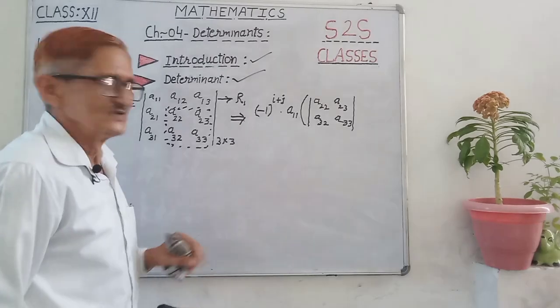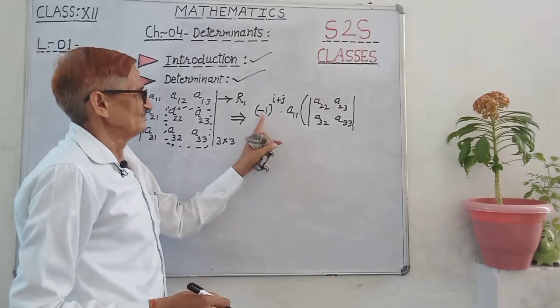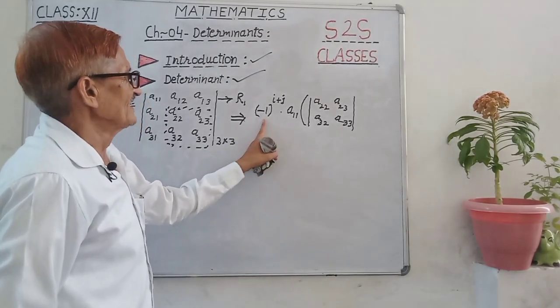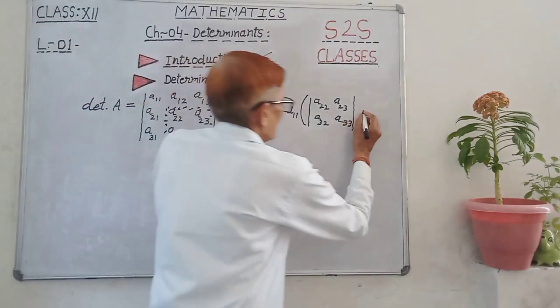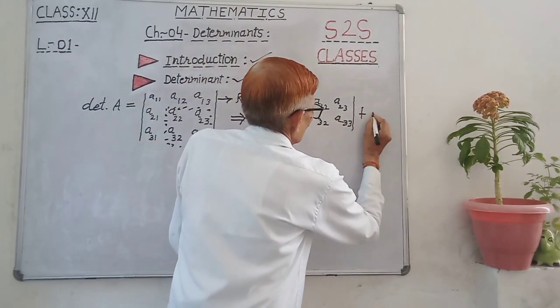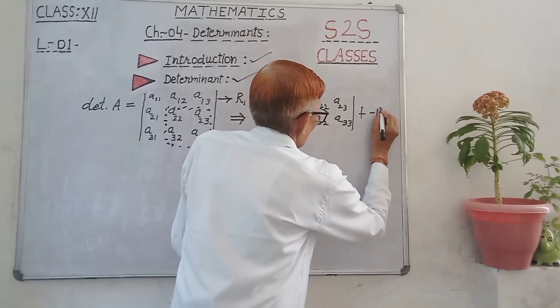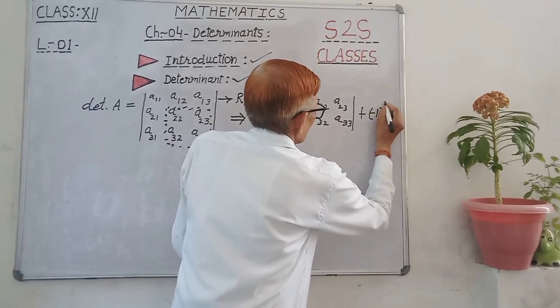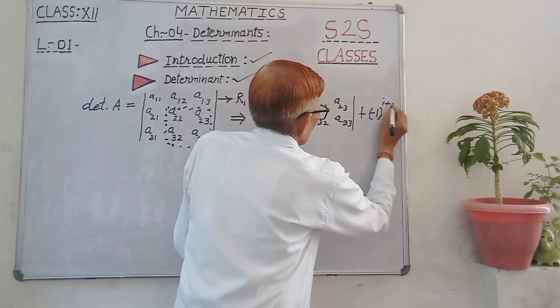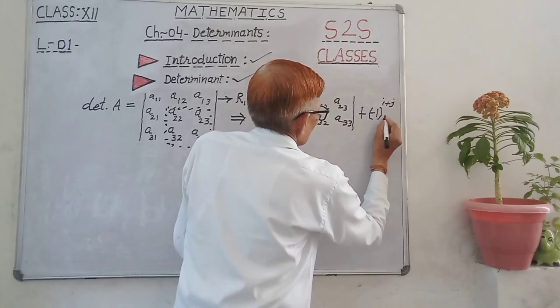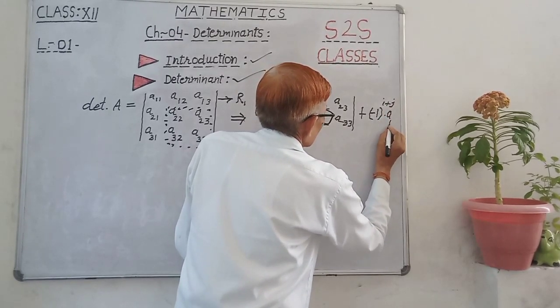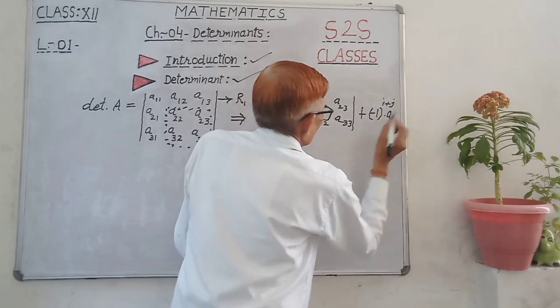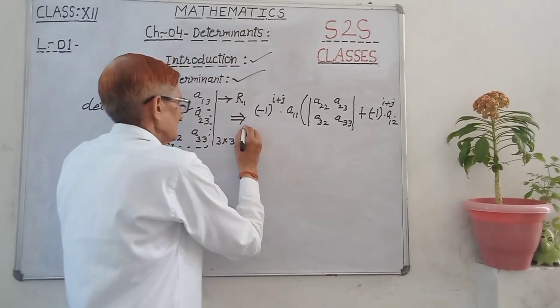I told you now. So this for the first element minus 1 power I plus j always into this plus second element, यानी minus 1 power I plus j, formula here same जगह and into element, second element of the first row, a12 into determinant.